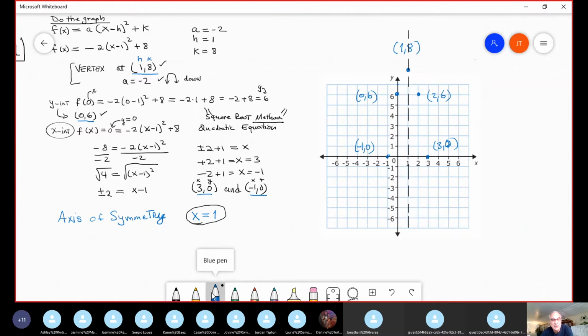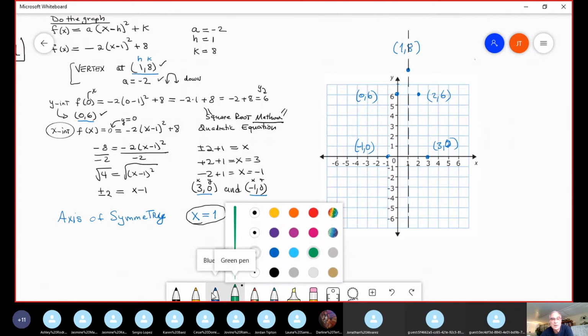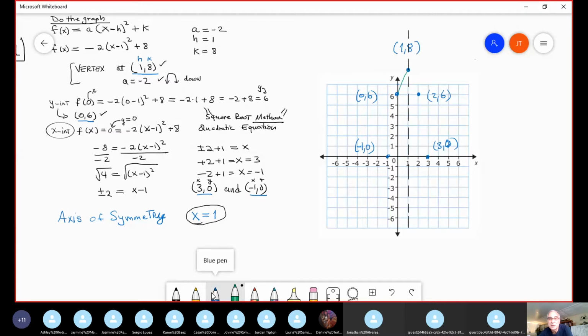Ready. I am ready to do the graph of the parabola. Let me use some green color. My parabola, I suppose, guys, using my skill, not good skill, looks like that. Oh, it's a smooth curve.